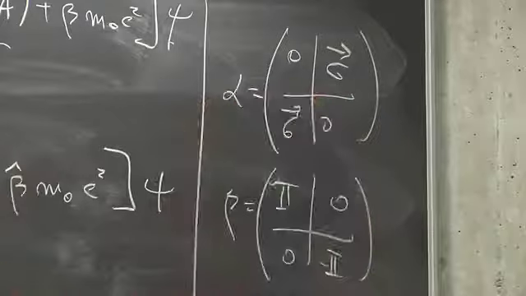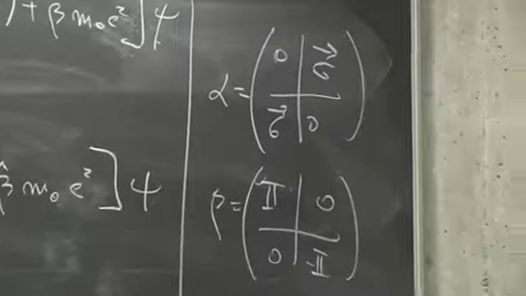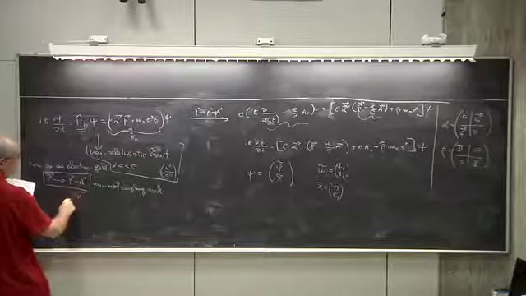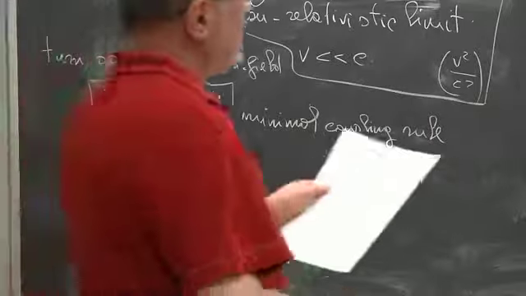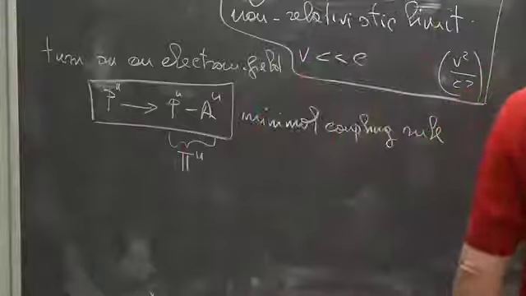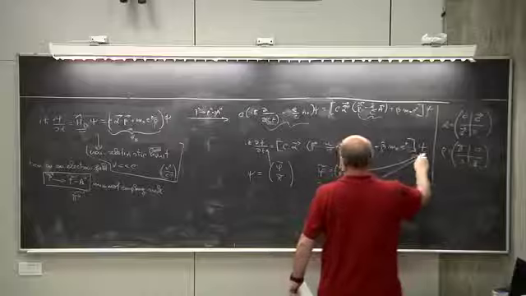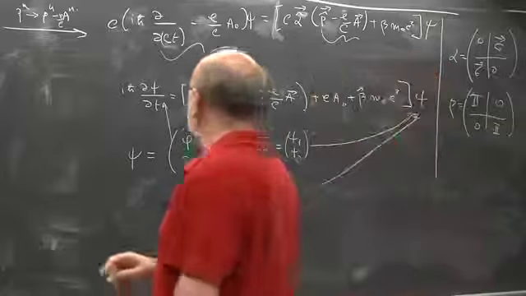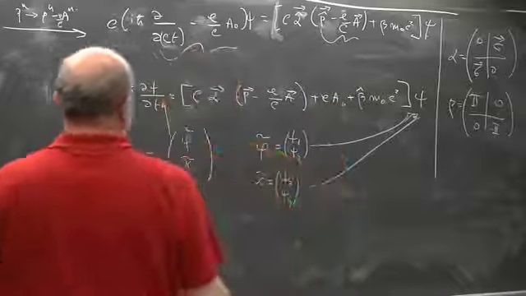Okay. And the other thing is, in order not to carry on always, let me call this π^μ, the Greek pi. Then this equation, plug it in here, and let's use the form of the α, let's use the form of the β.